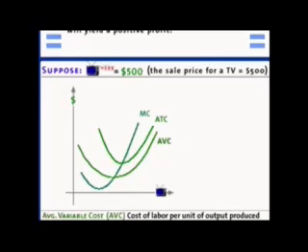Whether it produces a lot or a little, it can still sell its televisions for $500 a piece. Now, if the price is $500, how many television sets will this firm produce if it wants to maximize its profit? Let me give you a chance to answer that question. Where in this graph will the firm be operating if the price is here and the firm wants to maximize?